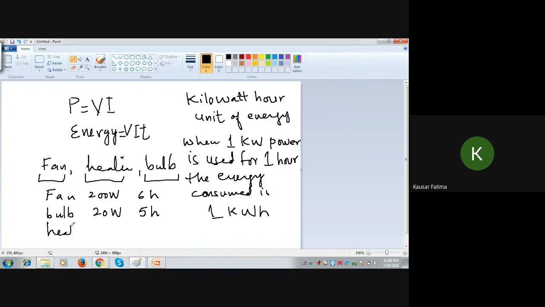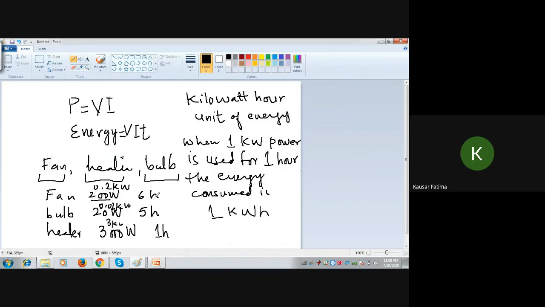Heater, of course it has big power, suppose 3000 watt, it means 3 kilowatt, used for 1 hour. You will convert these into kilowatt, so the fan is 0.2 kilowatt, the bulb is 0.02 kilowatt, and the heater is 3 kilowatt.